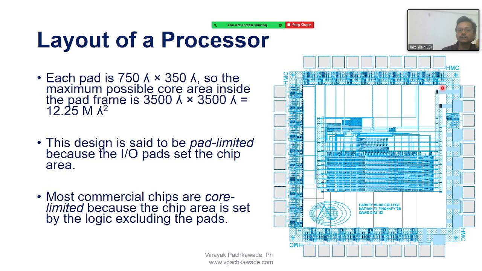So finally this is the layout of the processor. You see that. So what is to understand, each pad is 750 lambda by 350 lambda, the pad size. Don't get confused, lambda is L by 2, whatever the feature size given. Because this is the size of the pad, the maximum possible core area inside the pad frame is 3500 lambda by 3500.